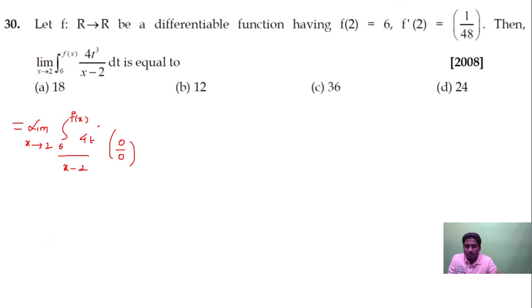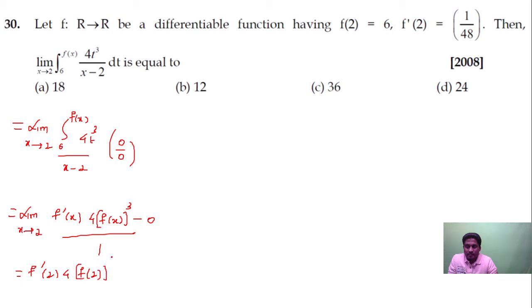If I differentiate the numerator, we will use Leibniz rule, differentiation of a definite integral. Differentiate the upper limit, and in place of t you put the upper limit. Anyway, the lower limit is 0, so its differentiation is 0. Differentiation of x is 1. X is tending to 2. You get f dash of 2, 4 into f of 2 the whole cube.